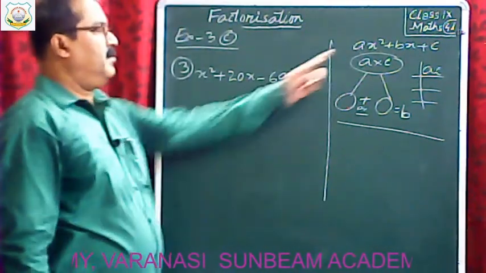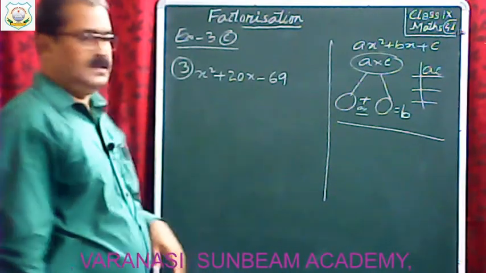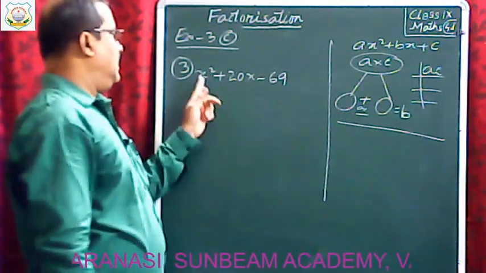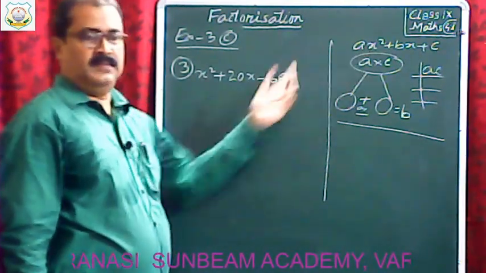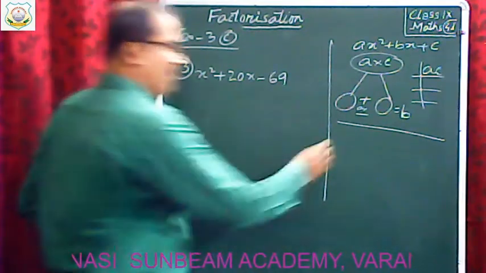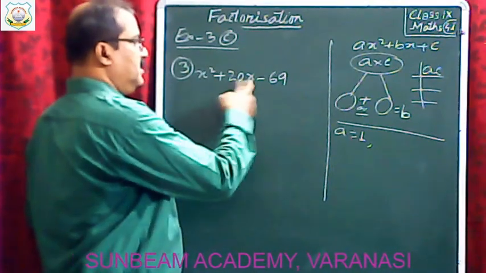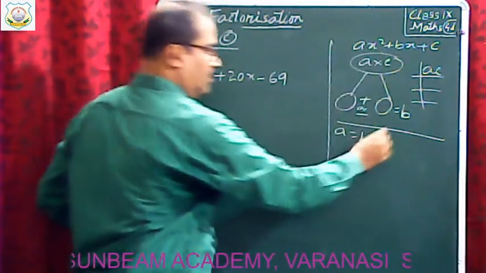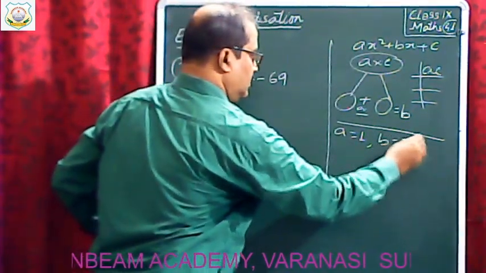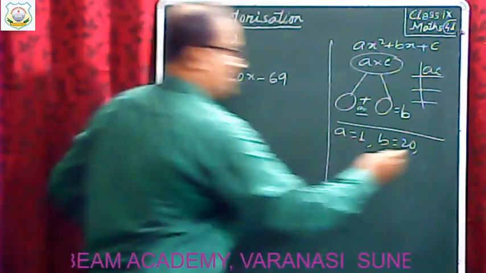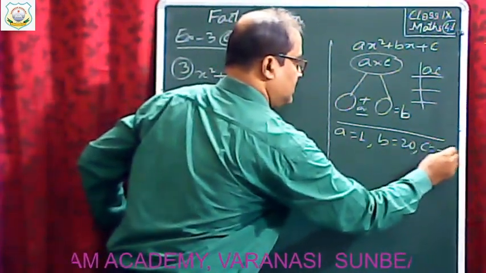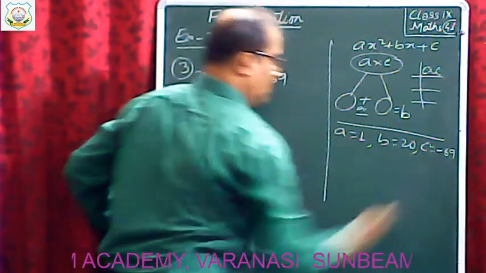First of all, you have to compare the coefficients and write a, b, c. ax square: in place of a it is 1, so the value of a after comparing the coefficients is 1. 20x is bx, so b is 20. And c is the constant term, c is minus 69.